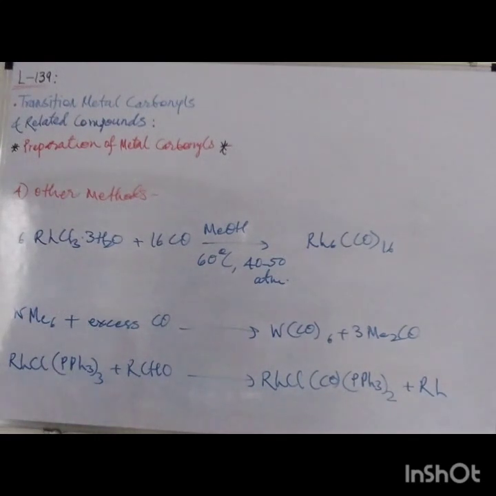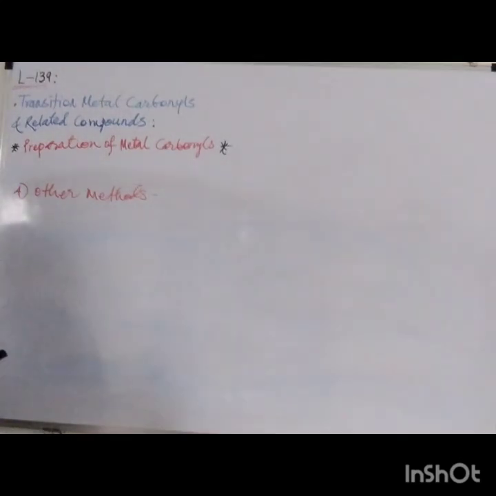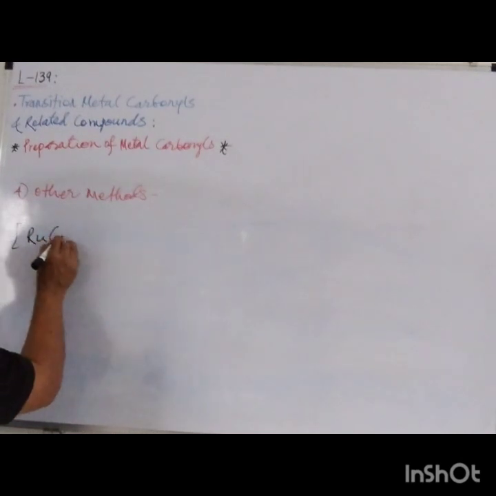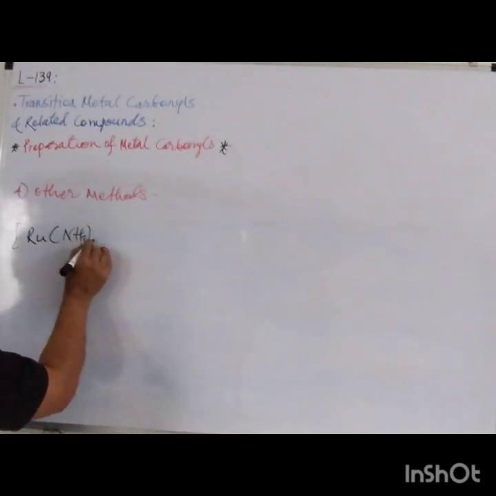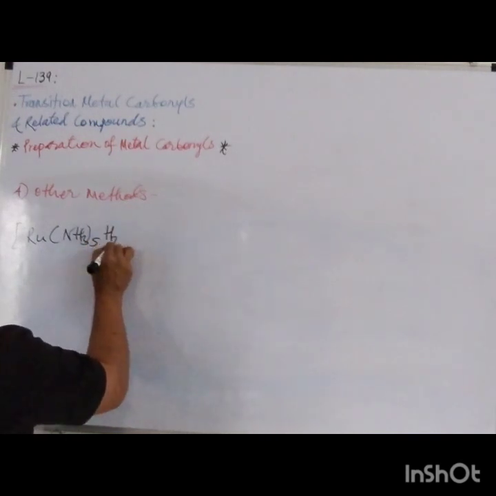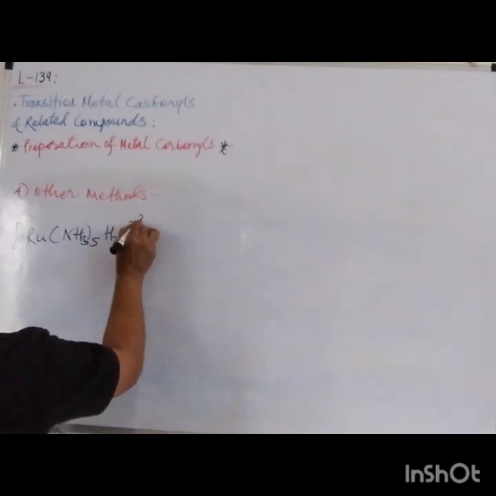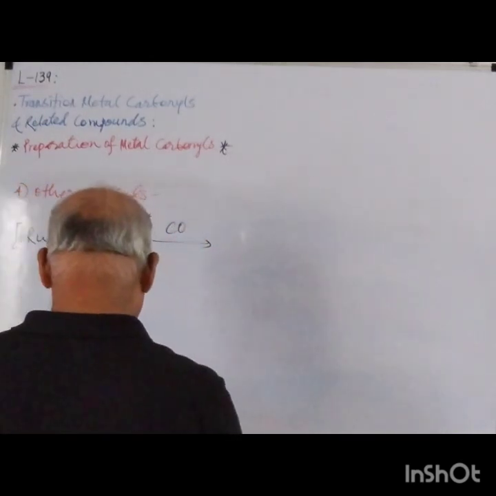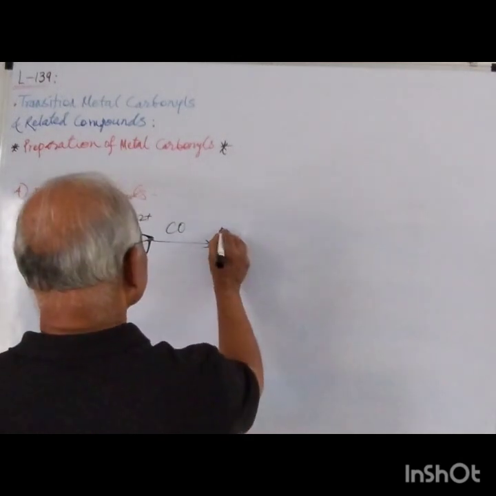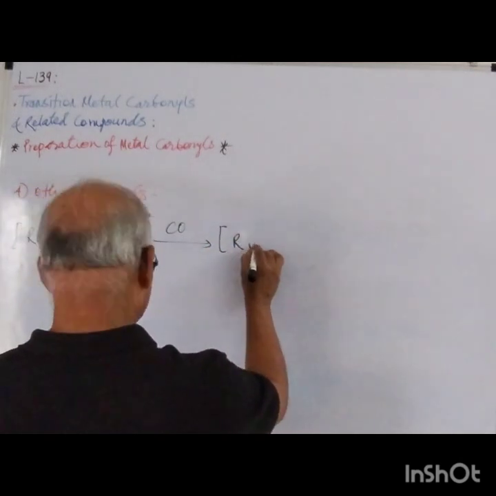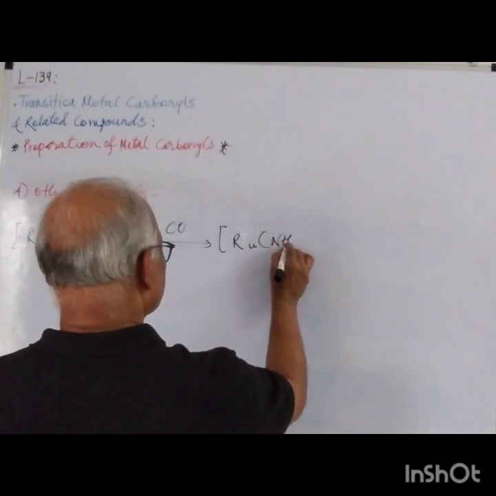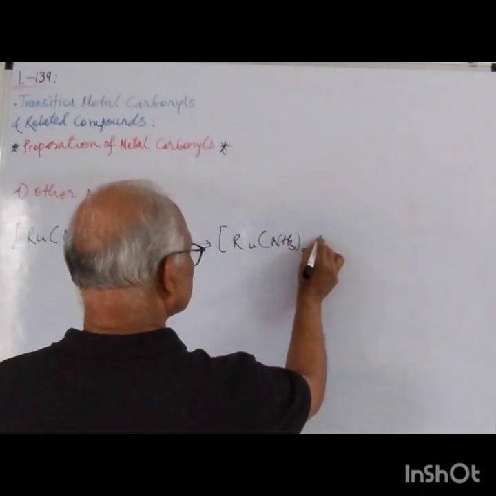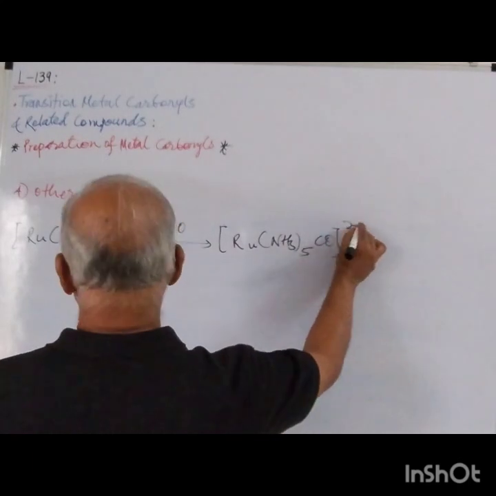So in this way, you can have these reactions: Ru(NH3)5(H2O) 2+, after the reaction with carbon monoxide, gives Ru(NH3)5(CO) 2+.